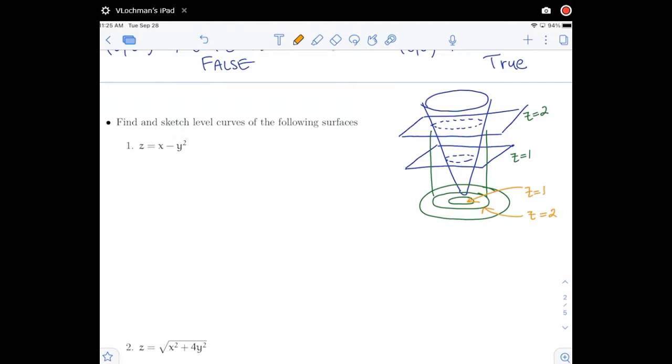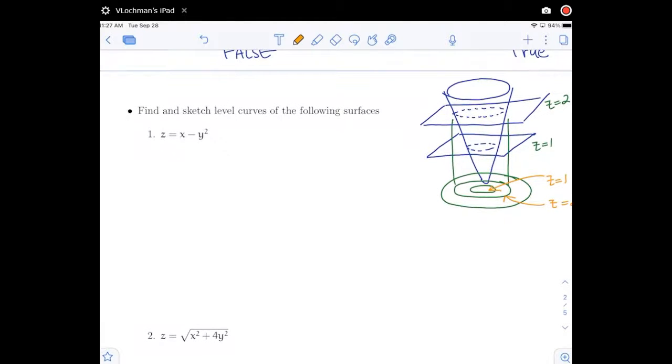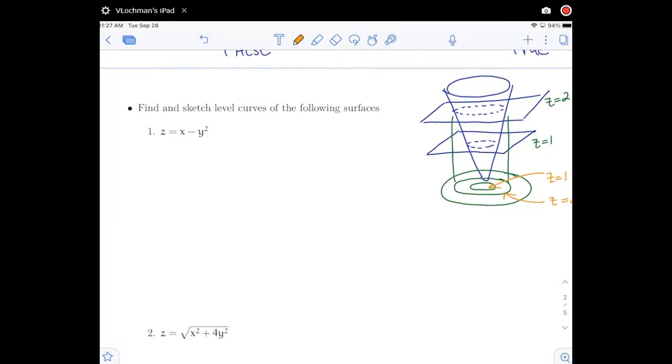Okay, so this might seem very strange to you at the moment, but once we do a lot of problems, you will see exactly what's going on. So let's jump to it, and you'll see how to do these by hand and what it looks like visually.